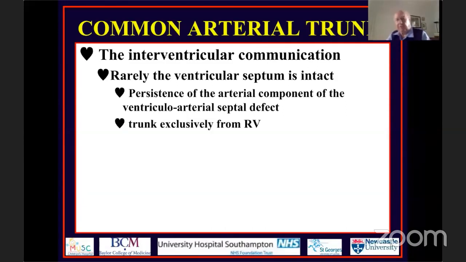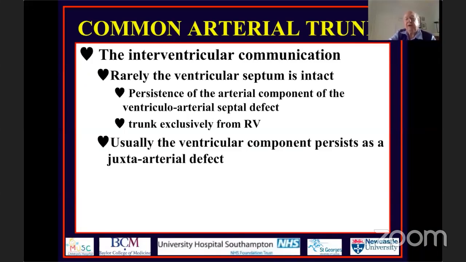We can also, in fact, have an intact septum when the trunk arises exclusively from the right ventricle and the initial septal defect closes spontaneously. But what I'm going to be showing you is persistence of the arterial component of the ventriculo-arterial septal defect, and I'm going to compare that with the typical defect we see in the setting of common arterial trunk.